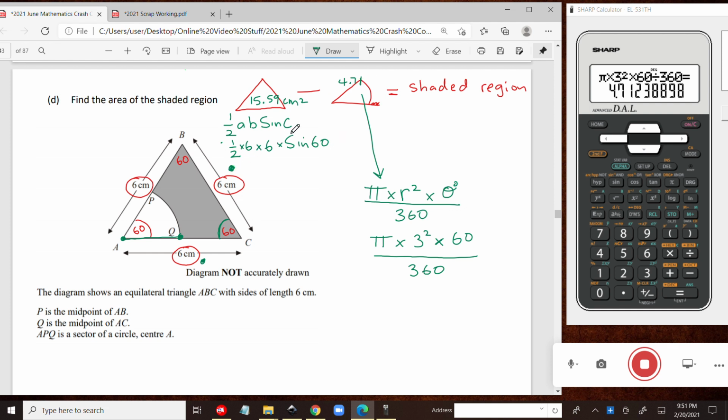So to find the area of the shaded region, we just minus both areas. So 15.59 minus 4.71, and our final answer is 10.88 centimeters squared. All right, not bad. Let's move on.